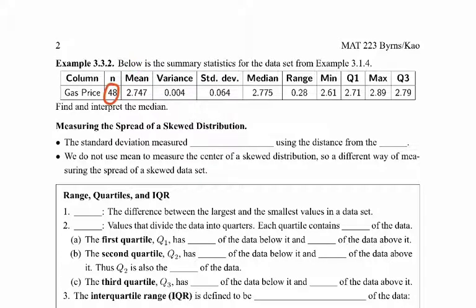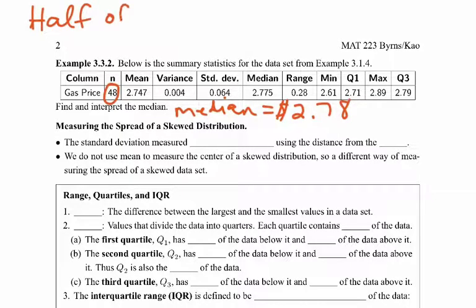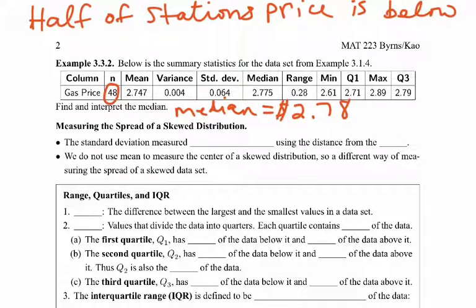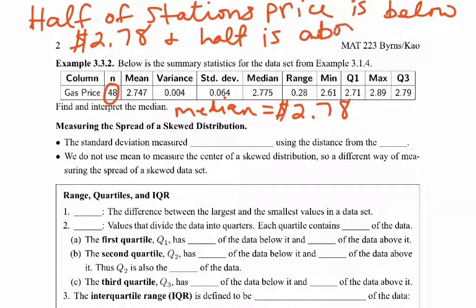It says find and interpret the median. There's no symbol for median like there is for mean, so we're just going to write out the word. The median is about $2.78. So that means about half of the gas stations' prices are below $2.78 and half are above that $2.78 price.